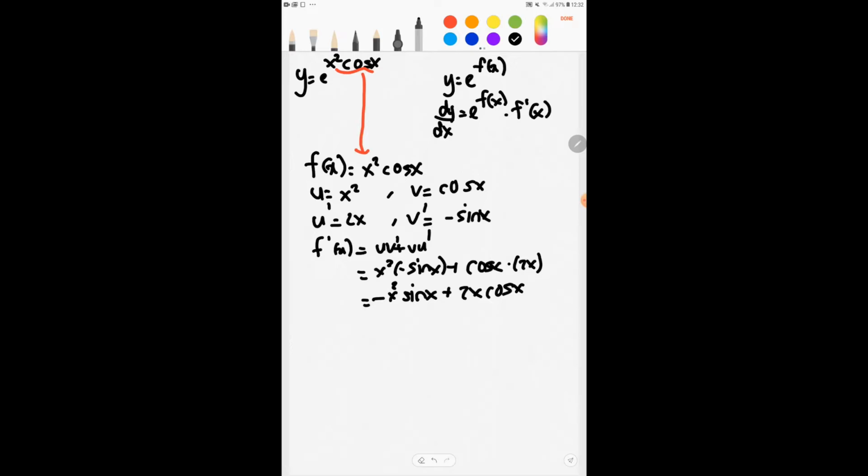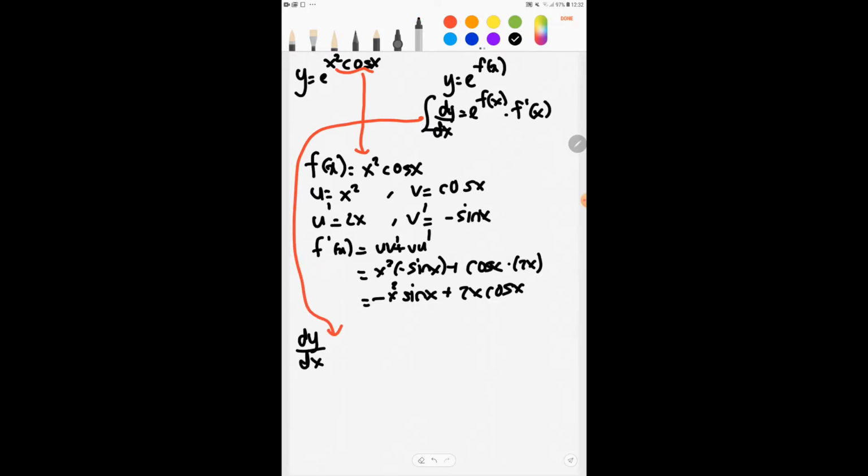Our solution is not complete yet, because we just found f prime x, not dy/dx. So now we are going to find dy/dx. This is the formula that we're going to use.